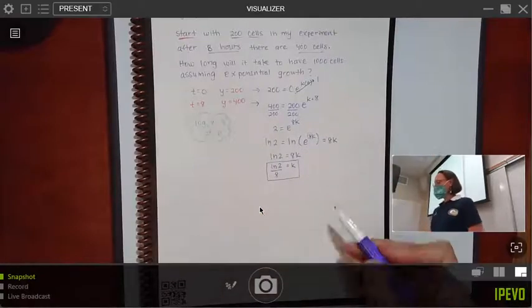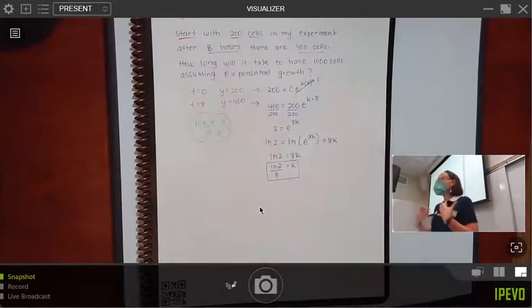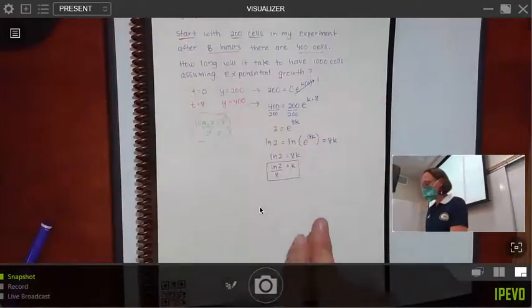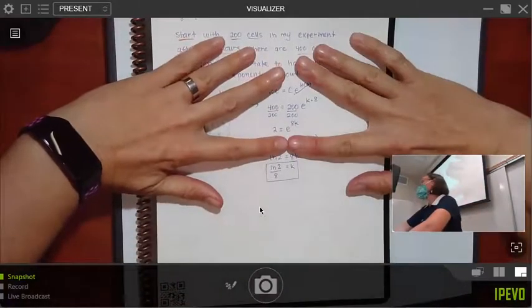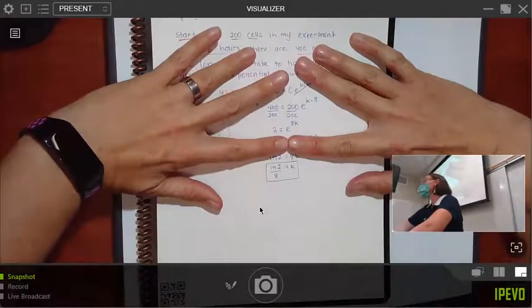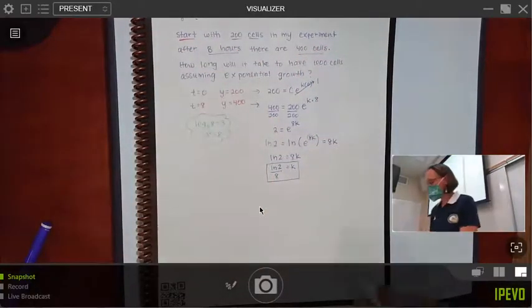You don't need to write out this intermediate step unless you personally need to write it out. You could go straight from this line to natural log of 2 is equal to 8k. And you'll probably see that if your TA was writing up solutions, they're probably going to skip that intermediate step.